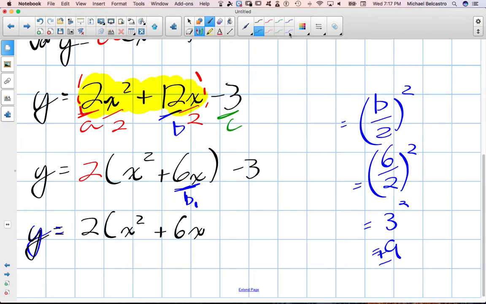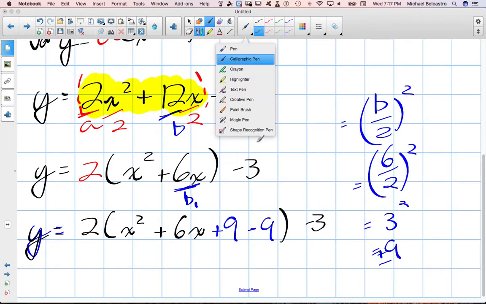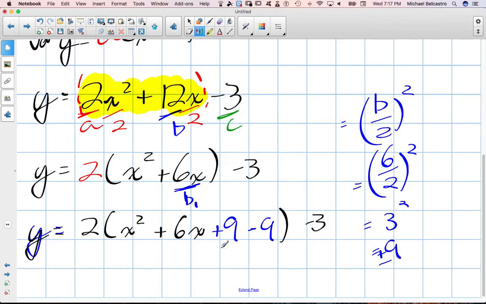I haven't changed anything. But what I'm doing is I'm going to add 9 and subtract 9, all within that bracket. Now, why can I do that? Well, the reason I can do that is because what's positive 9 minus 9 equal? 0. So that's like adding 0 to the equation. And no matter where we add 0 to an equation, it's not going to change the equation.